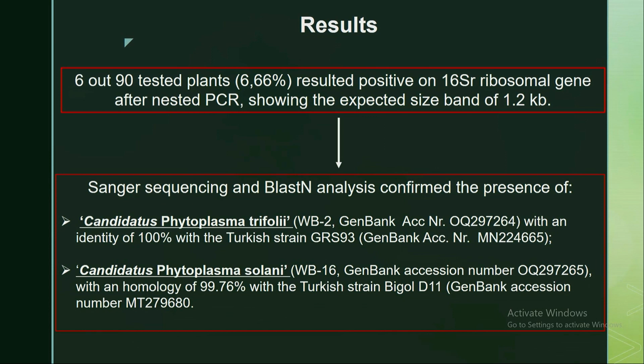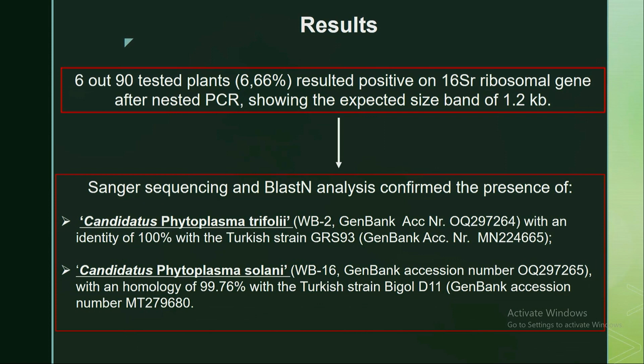We confirmed by sequencing the presence of two different phytoplasmas: Candidatus Phytoplasma trifolii, with an identity of 100% with the Turkish strain GRS93, and Candidatus Phytoplasma solani, with a homology of 99.76% with the Turkish strain Beagle D11.